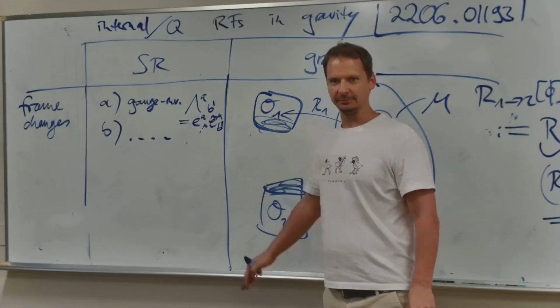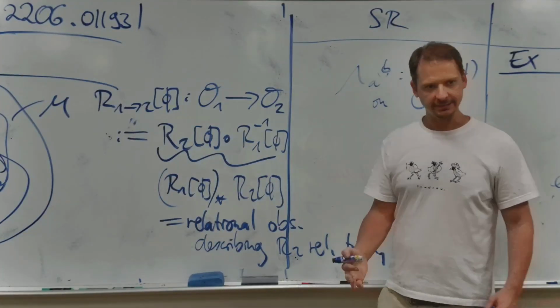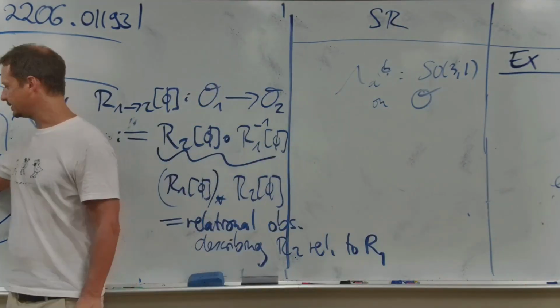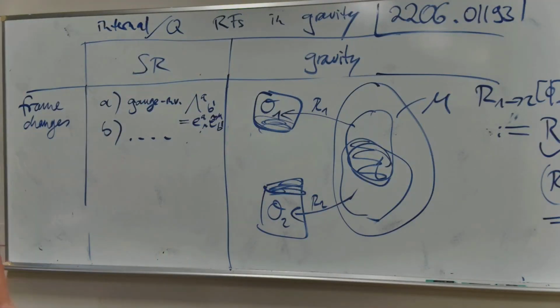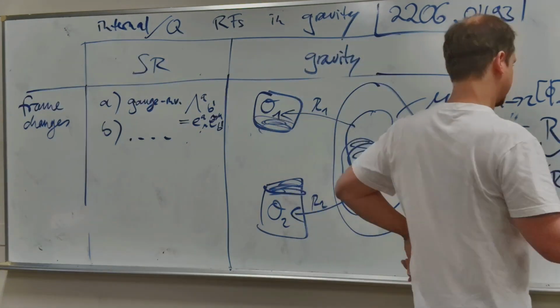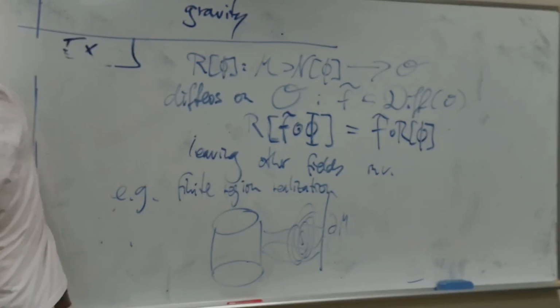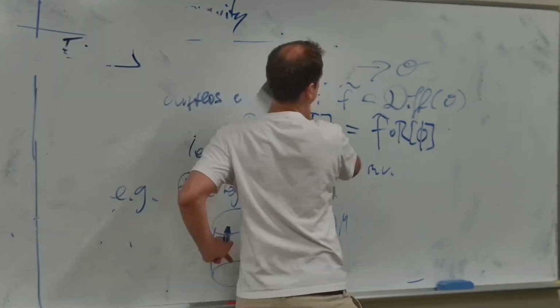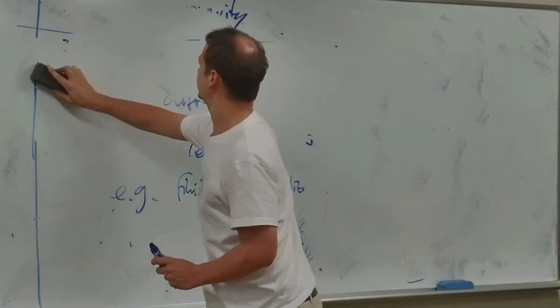And it's a diffeomorphism if we assume that these maps individually are diffeomorphisms. So then we're doing a diffeomorphism from O1 to O2 by an amount given by the relation between the reference frames. So that's exactly the same thing. So it's analogous. And then of course you can now, maybe that's the last thing I will write down.